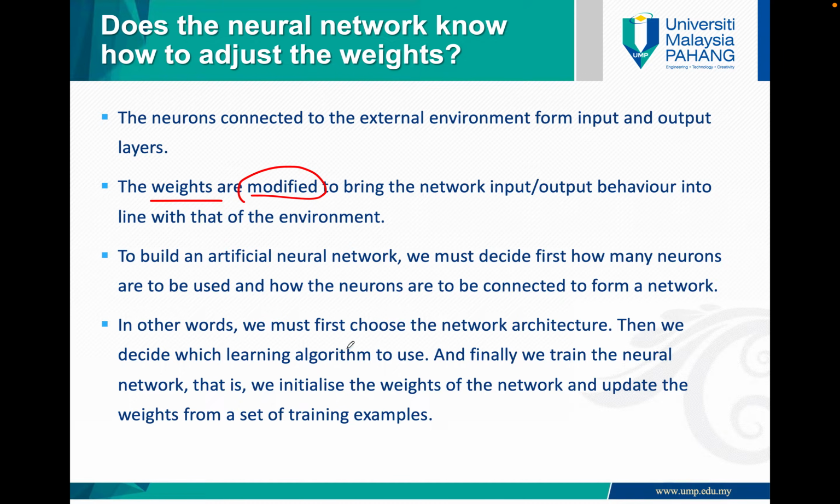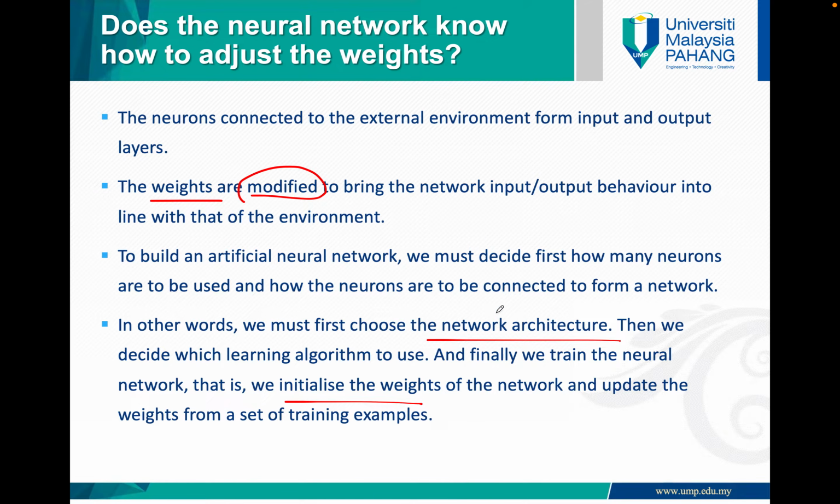So in other words, we must first choose the network architecture. Then we decide which learning algorithm to use, and finally we train the neural network. That is, we initialize the weights, that's the first step.